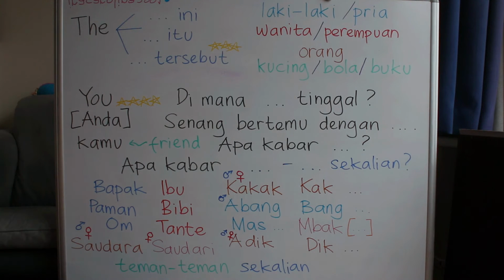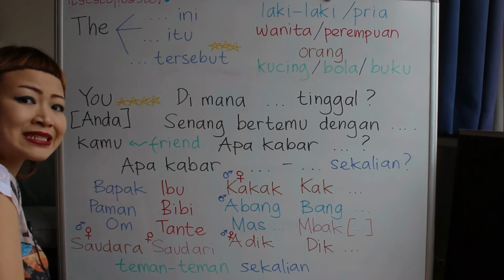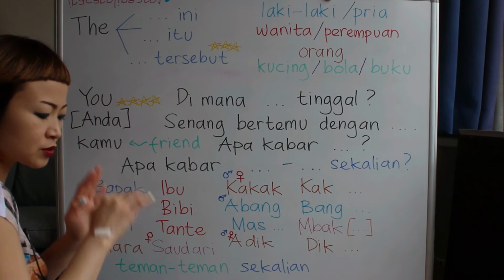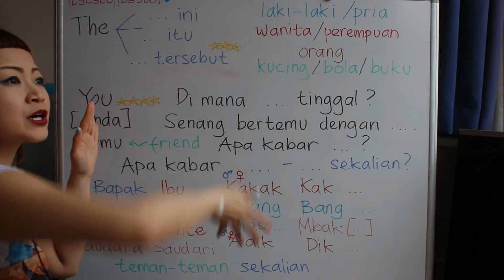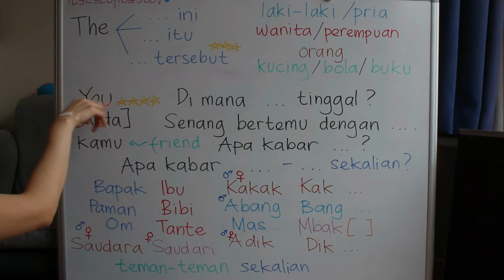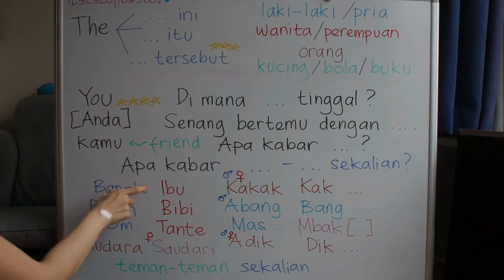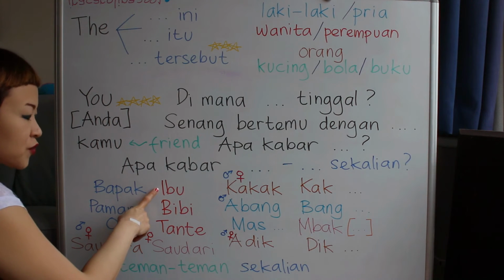If the person is old enough to be your mother or your father, or older, you have to say you with bapak for male. I don't have to put the symbol here because you can see from the color. Ibu for female.